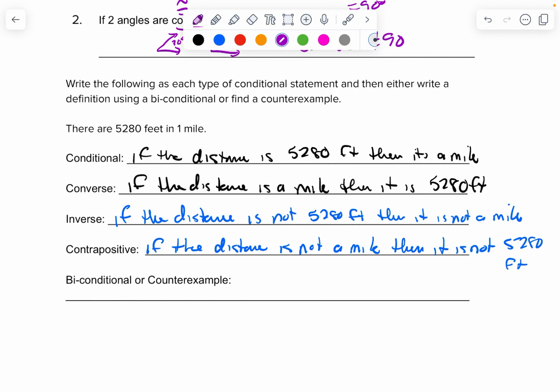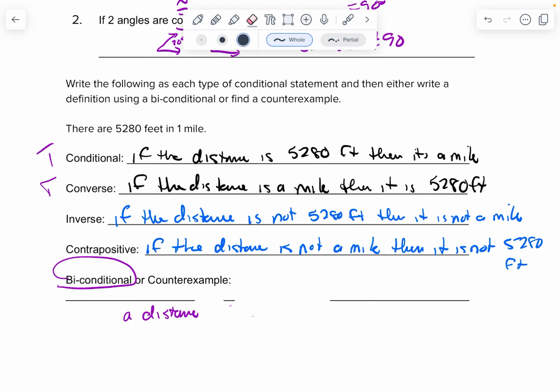So this is true and this is true, so I'm going to go biconditional. The way I'm going to say this is, hold on, I messed that up.